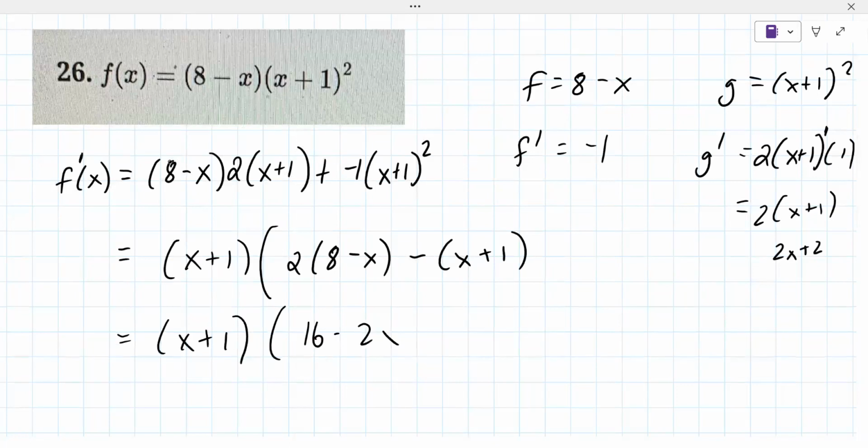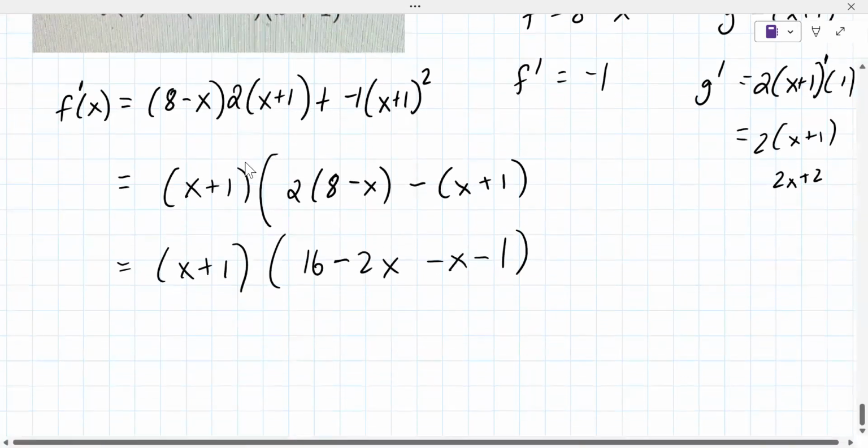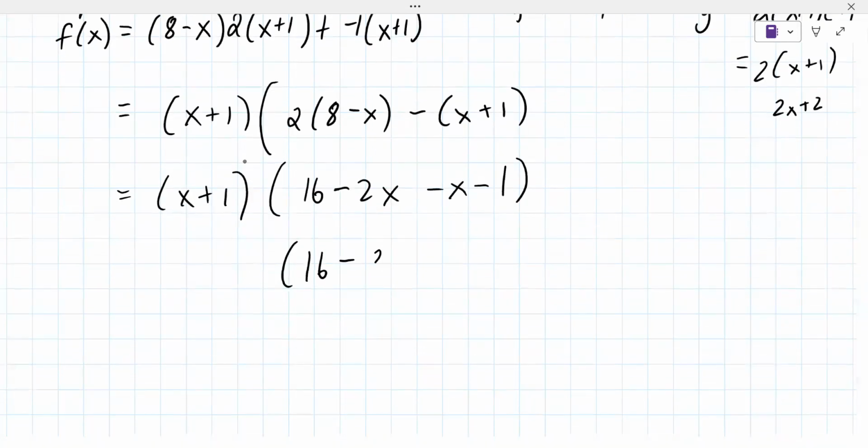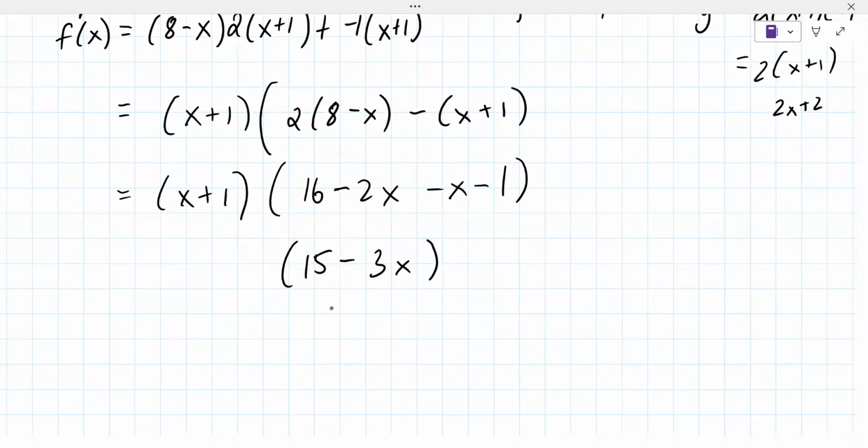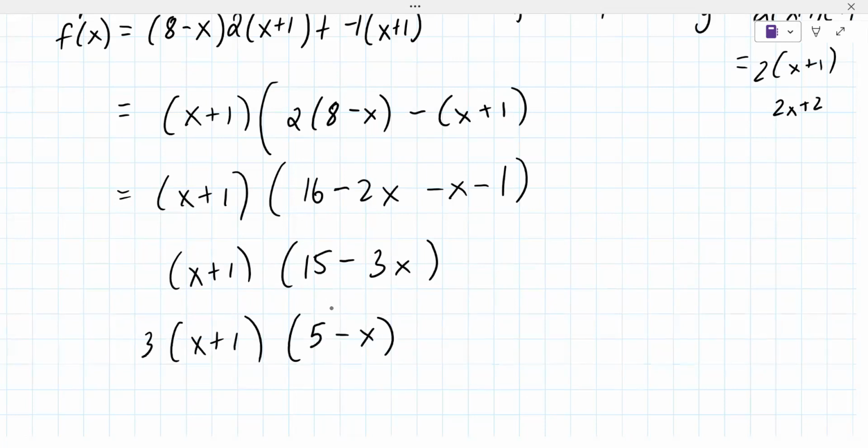It's 16 minus 2x minus x minus 1, so 16 minus 3x, or actually 15 minus 3x here. Then you could factor out the 3, so it ends up being 3 times 5 minus x. And then you set that equal to 0.